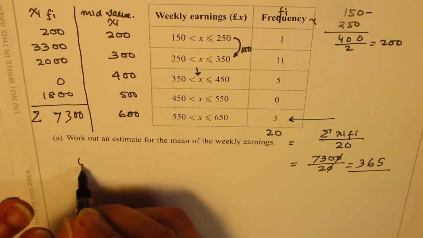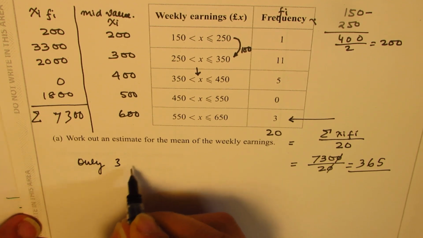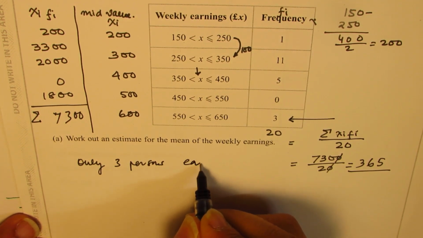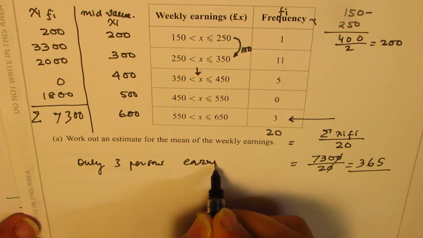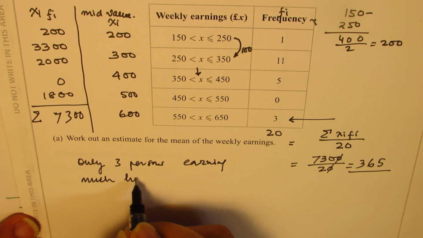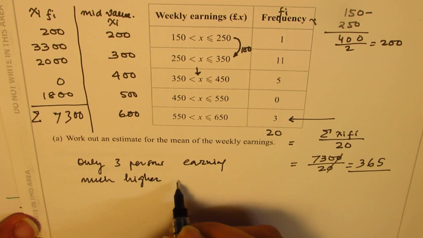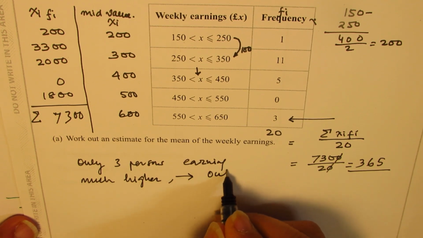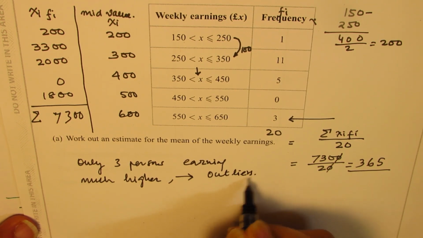Since there are only 3 persons earning much higher. So these are like outliers, right?